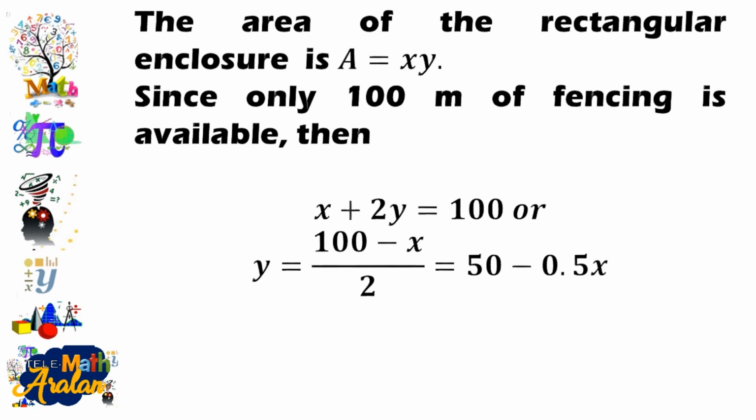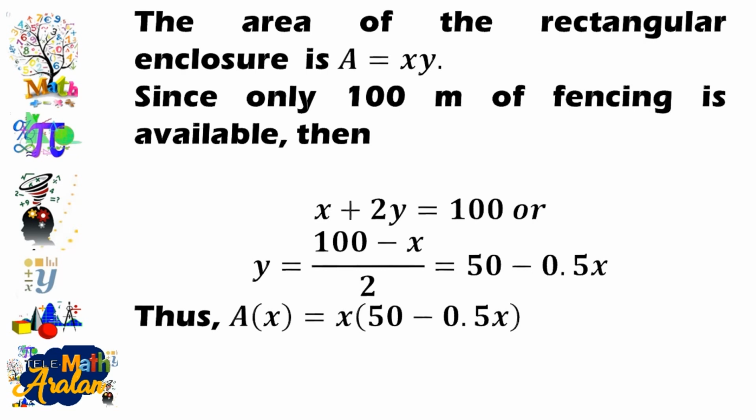That is our value of y. Substituting to the original area, a of x is equal to x times 50 minus 0.5x. Therefore, our function is a of x is equal to 50x minus 0.5x squared.